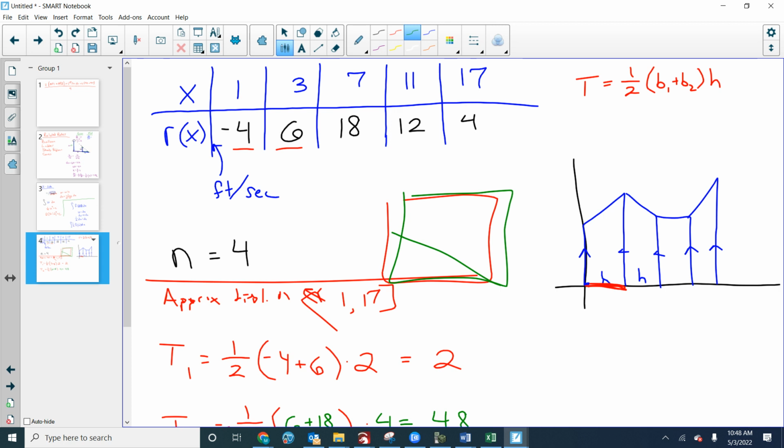In that case, you would go from 1 to 7, if there were 8 terms. The height of that trapezoid would be from 1 to 7, 6, and then -4 and 18 would be your bases. Are we good? That pops up a lot.